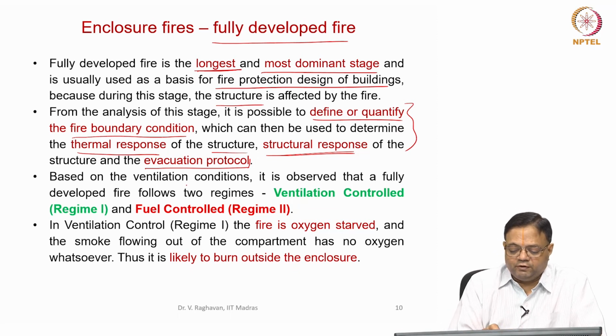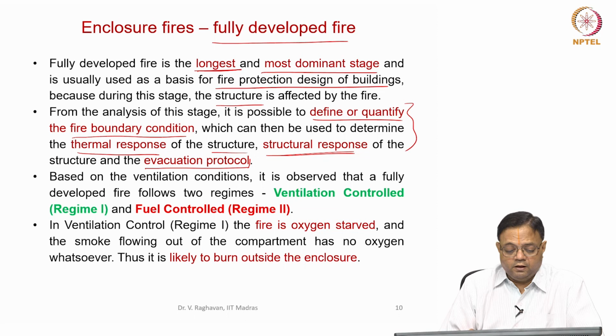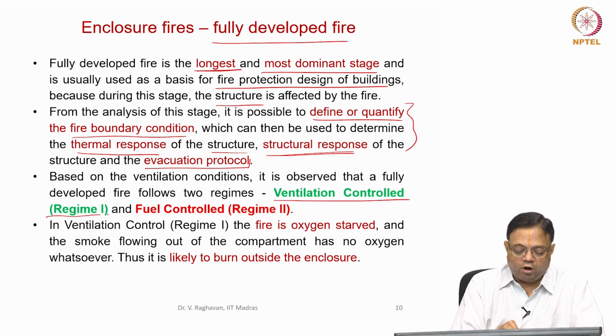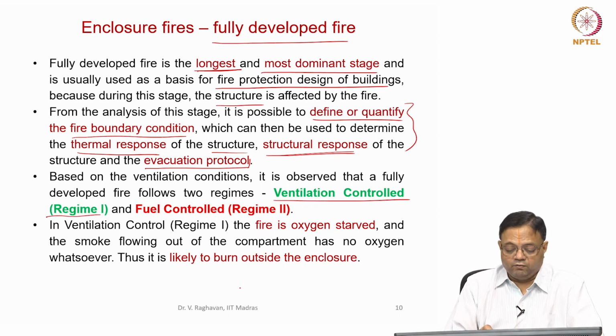Now, based on the ventilation conditions, the fully developed fire can be categorized into two regimes. Okay, now the first one is called ventilation controlled or regime 1. The second one is called the fuel controlled or regime 2.